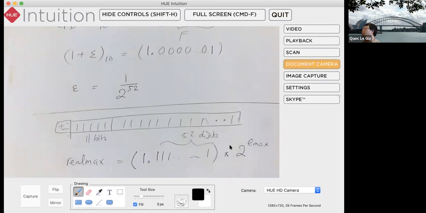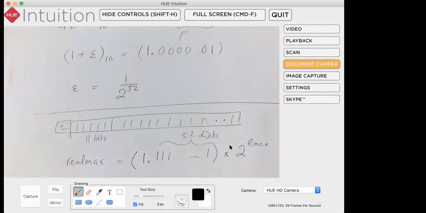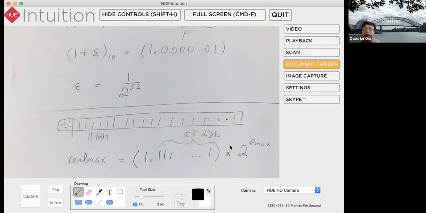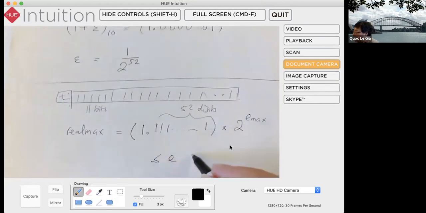So IEEE decided that the 2048 values will be distributed to negative and positive powers. So the range of E in IEEE will be between E min and E max, and they decided E max will be 1023, and E min will be minus 1022.